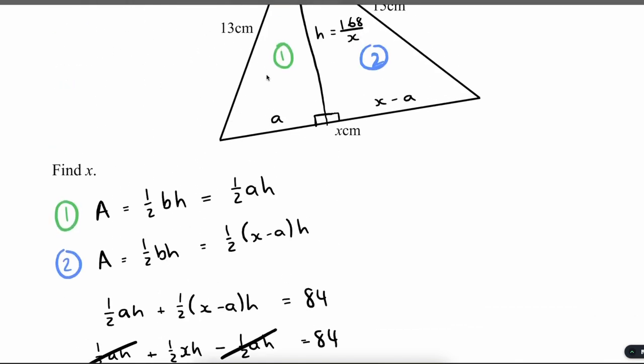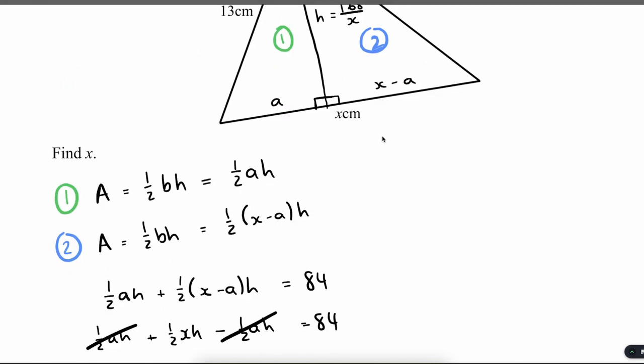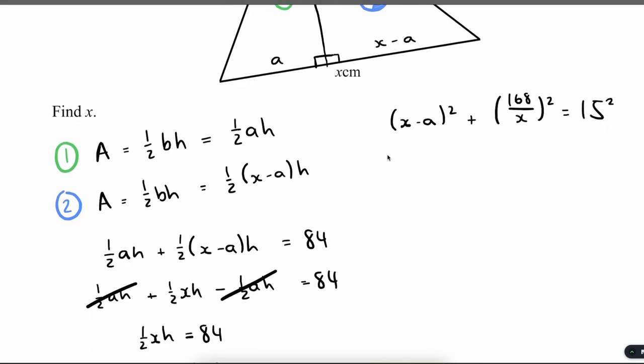Now, we also know this is a right angle triangle, so we're going to use that. So we know x minus A squared plus h squared, which is 168 over x squared, equals 15 squared. Now, when I expand this out here, you'll notice something interesting happens.